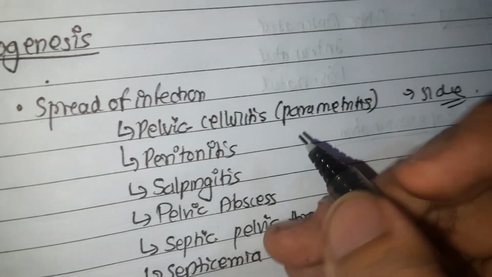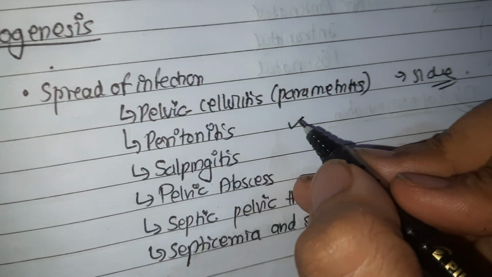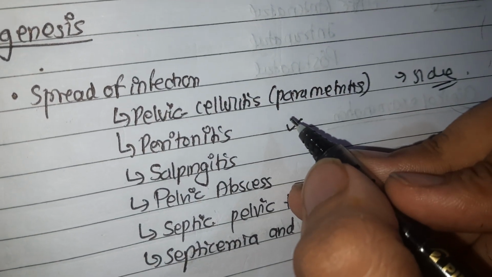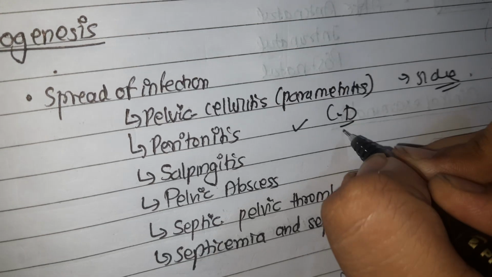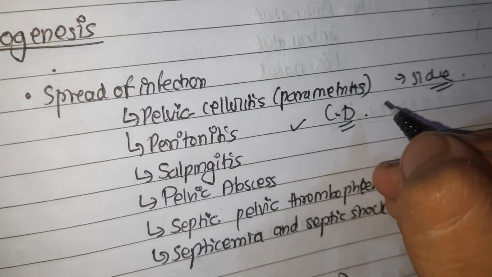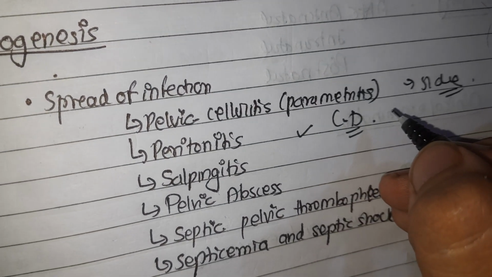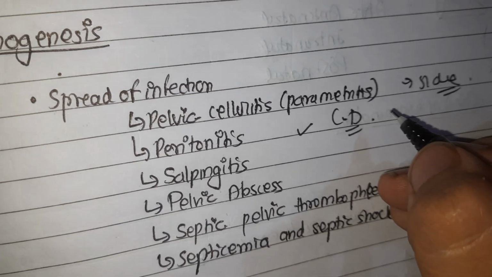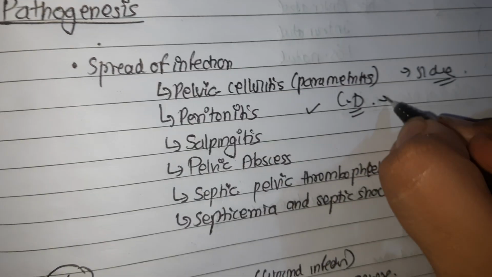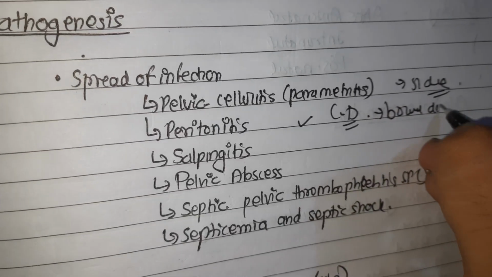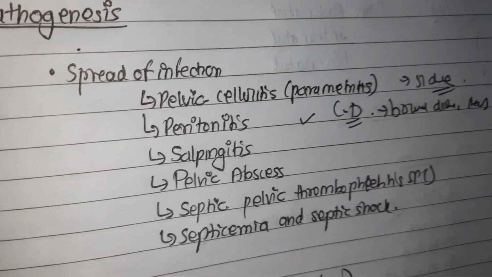And next we have peritonitis, which is common following infection, metritis after cesarean delivery, and there may be necrosis of the uterine incision wound and dehiscence, and the patient presents with bowel distension and dynamic ileus.